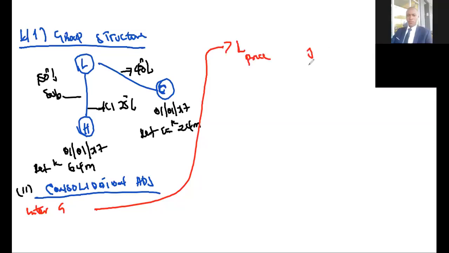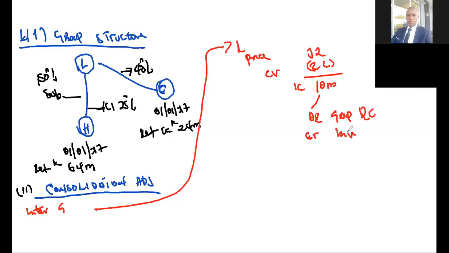The cost was 22, the price was 32. So when he sold, he made a profit of 10 million. Now this 10 million, we said, number one, debit the group retained earnings and then credit inventories.